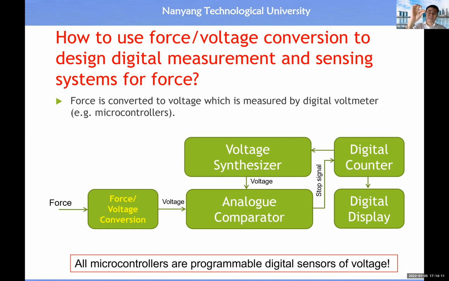For each predicted digital value, we convert it into the corresponding analog voltage. Then we do the comparison between the predicted voltage and the input voltage. When there is a perfect match, this comparator will output a stop signal to stop the prediction. Then the actual value inside the counter is equal to the digital output, which corresponds to the value of the voltage, right? Then in this case, we just need to add in this module, which will transform the value of a force into a value of a voltage, okay?